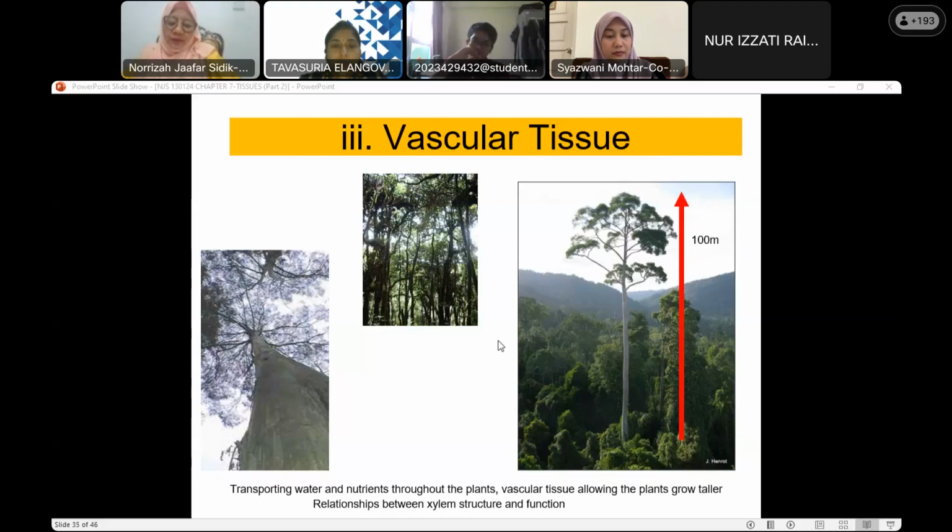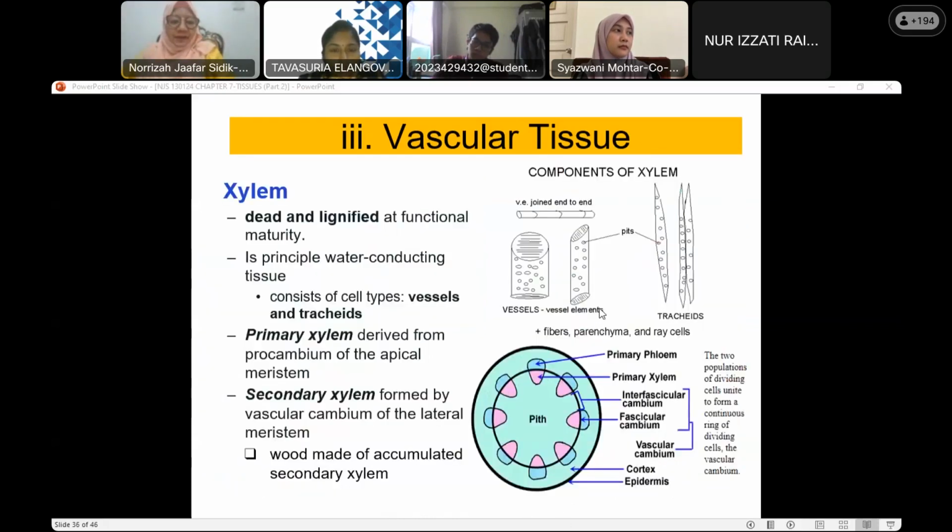They transport the water and nutrients throughout the plants, and the vascular tissue allows the plants to grow taller. Right, so you see the relationship of the xylem structure and the functions. We look at the structure first.